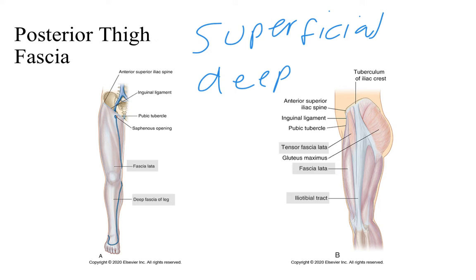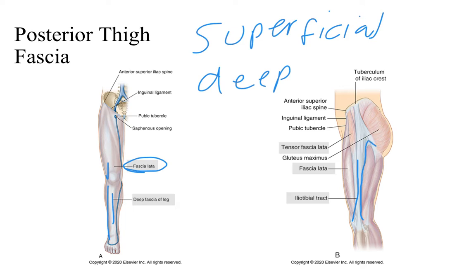The deep fascia is generally considered to be our fascia lata, another continuous sheet of connective tissue that surrounds all compartments of the leg, anterior, medial, lateral, and posterior, and is continuous with the deep fascia of the leg, although down there it's not called the fascia lata. It has a thickened region on the lateral portion called the iliotibial tract.